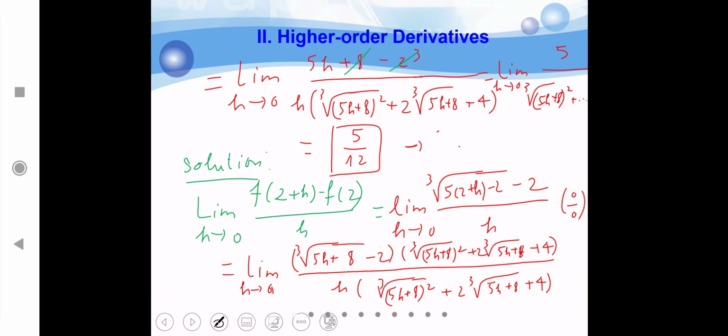We conclude that f prime at 2 equals 5 over 12.